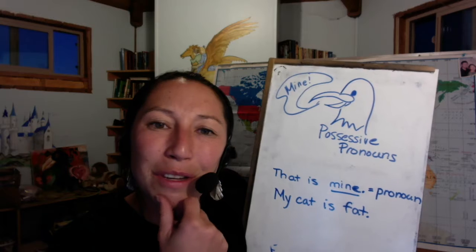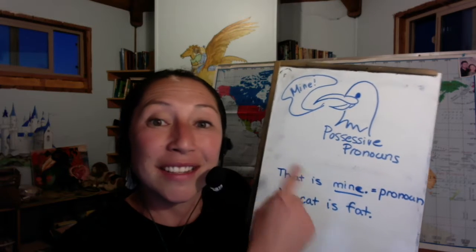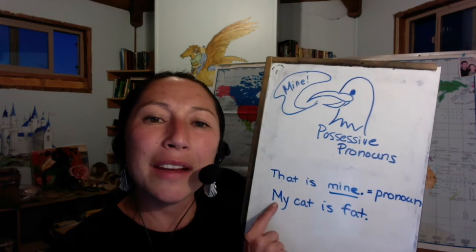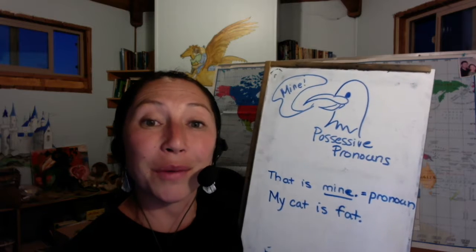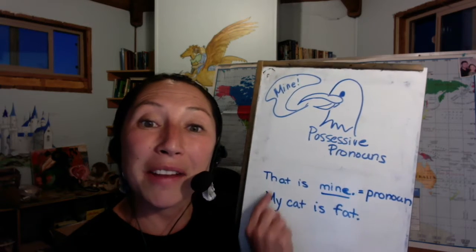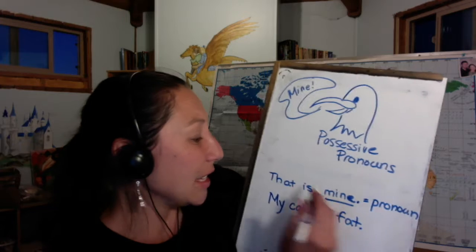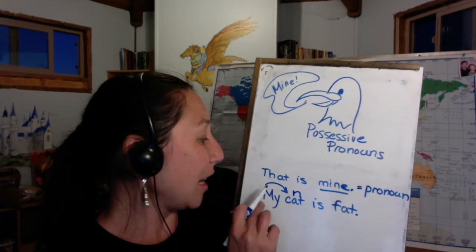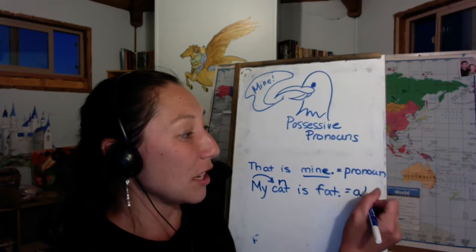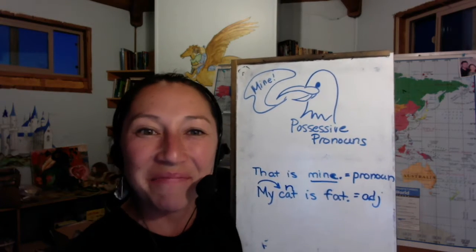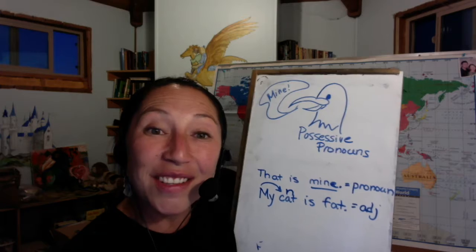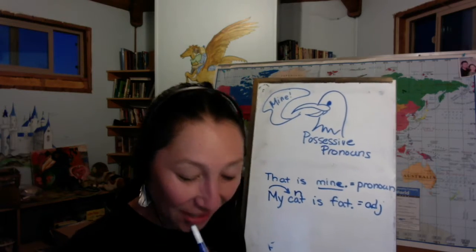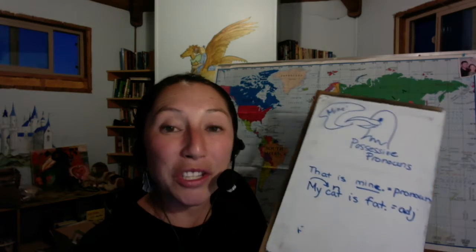My answers the question of who it belongs to, just like mine does. But here we see that my modifies another word. My modifies cat. If cat is a noun and my modifies cat, then I know that my is actually functioning like an adjective.